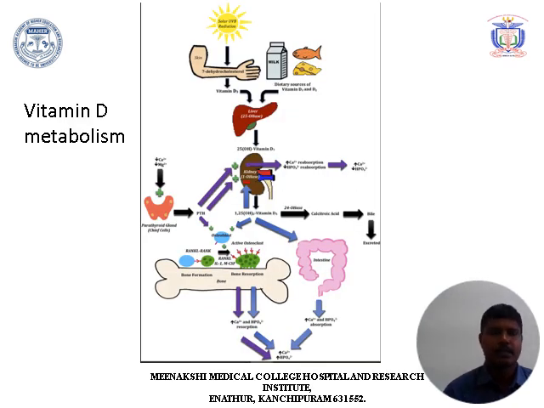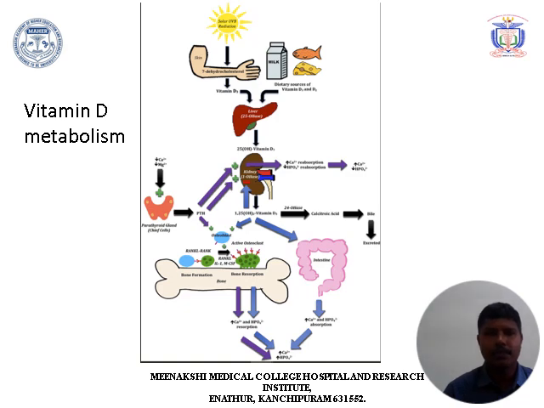So let's see in short about vitamin D metabolism. Vitamin D is produced in our body either through sun exposure or through the food content. When there is sun exposure, the 7-dehydrocholesterol in our skin gets activated and is further activated in the liver into 25-hydroxycholecalciferol. Then it goes to the kidney, where it converts into the fully activated form, 1,25-dihydroxycholecalciferol.